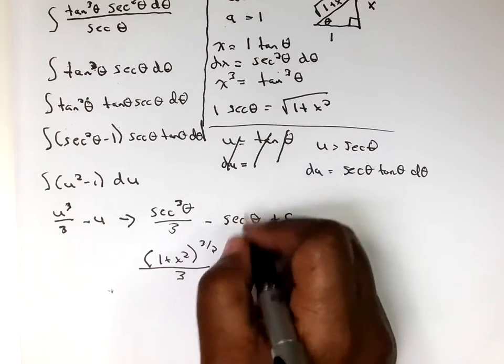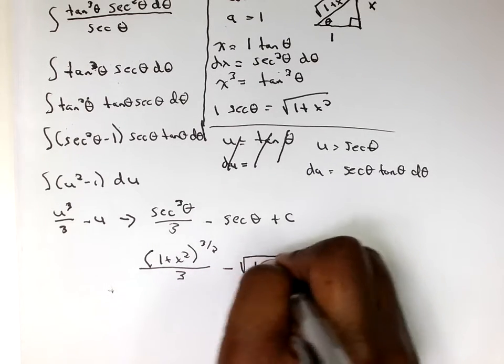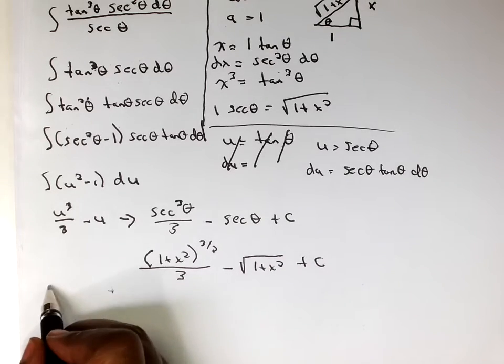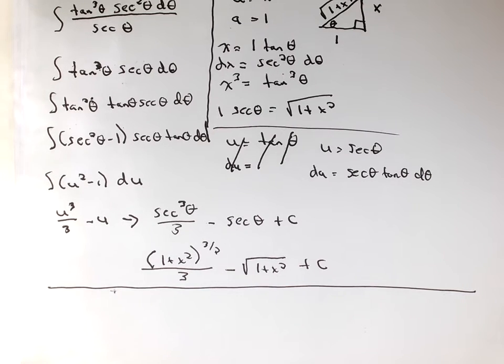And then secant was 1 plus x squared, and then we have our plus c. All right.